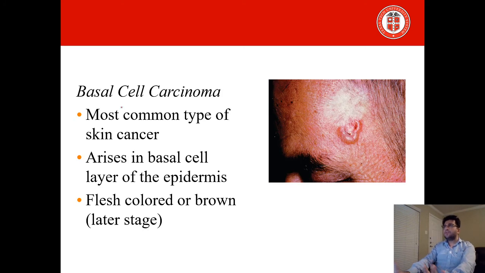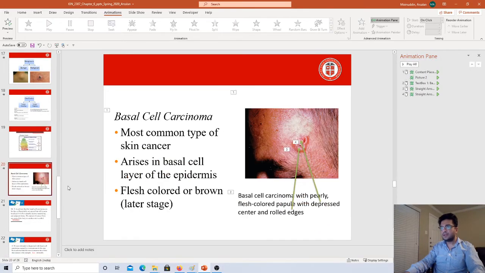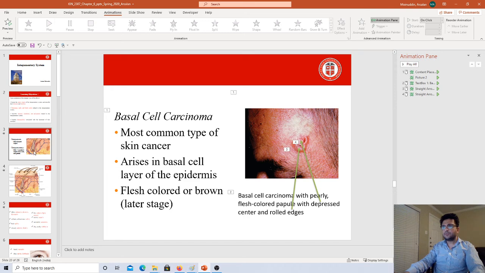Okay, let's move on to a very common skin cancer, which is the basal cell carcinoma. And I chose to talk about this because it's the most common type of skin cancer which is prevalent. So, as the name suggests, it arises from the basal cells which are present in the epidermis. And if you remember, let's quickly go back and see the layers of the skin.